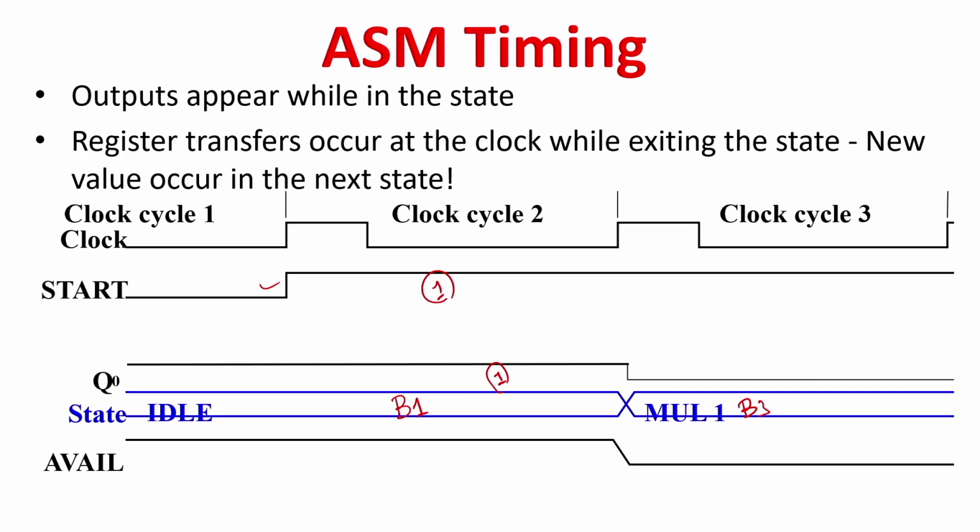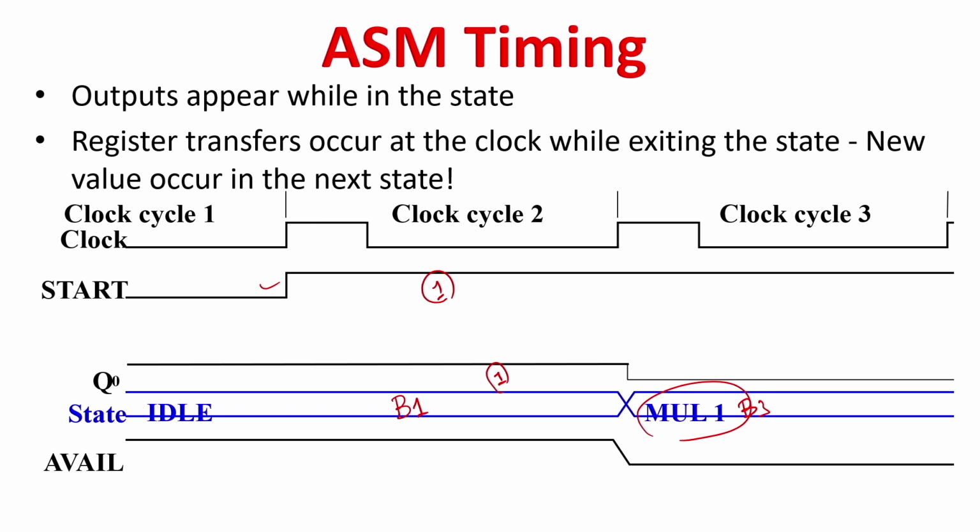Okay. So, the output appears while in the states and register transfer occurs at the clock while executing the states, and the new value occurs in the next state. So, this is the concept of the ASM block.